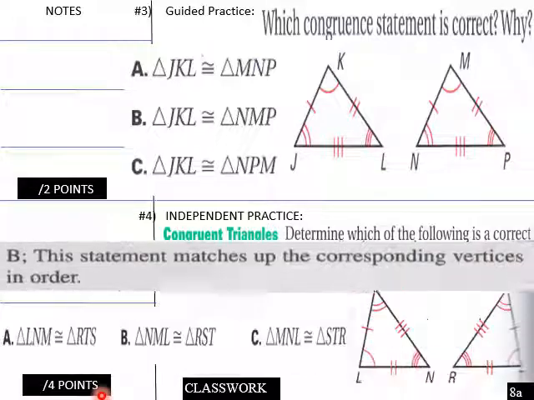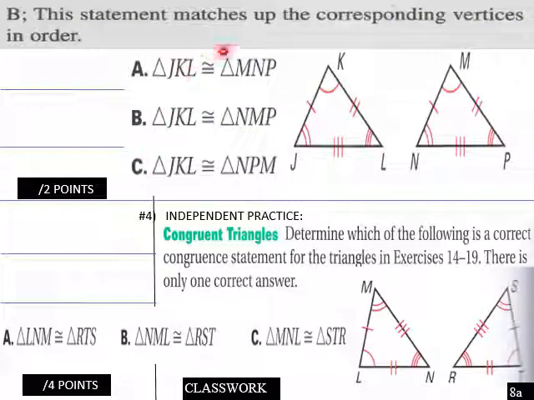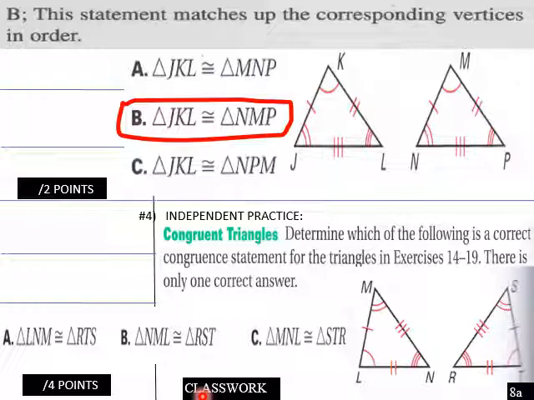This statement matches up the corresponding parts, so B would be the statement here that is a correct congruent statement for these two triangles. So number B, which one down here?